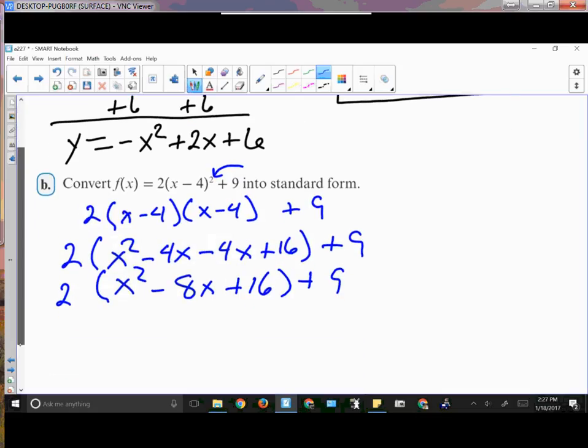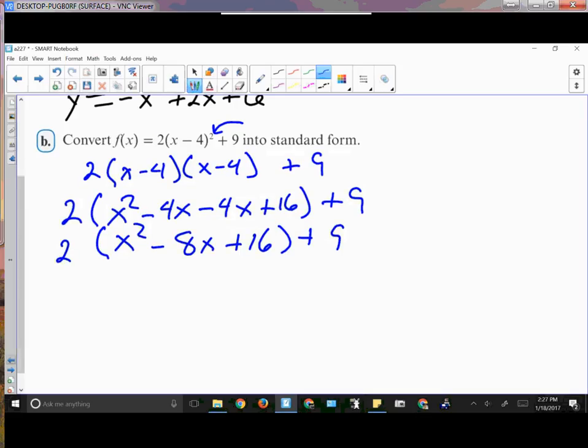So far, have we done anything that's terribly difficult and painful? We know how to deal with the FOIL. FOILed it out. We know how to add like terms. Now the distributive property gets used with that 2. So that 2 gets to go here, here, and here. Doesn't go with the 9 because the 9 isn't in the parentheses.